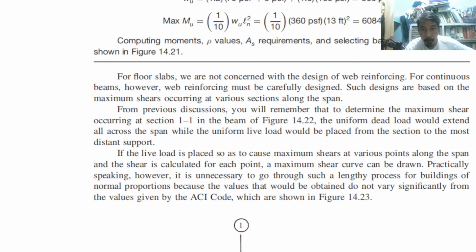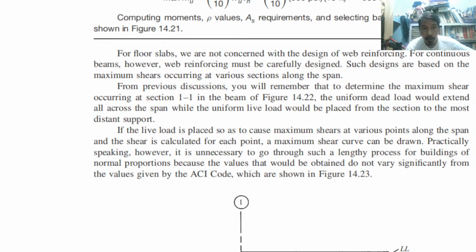Okay. So for slabs, we are not concerned with the design of web reinforcing. For continuous beams, however, web reinforcing must be carefully designed. Such designs are based on maximum shear occurring at various sections along the span of a continuous beam.